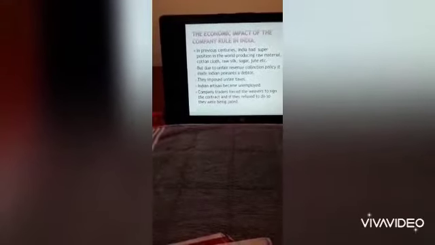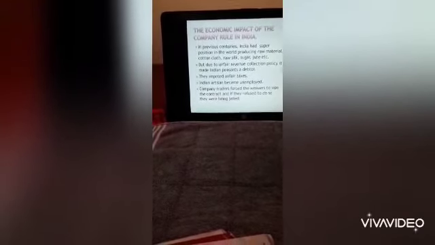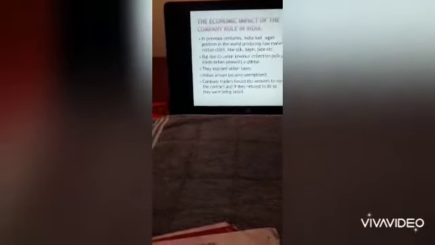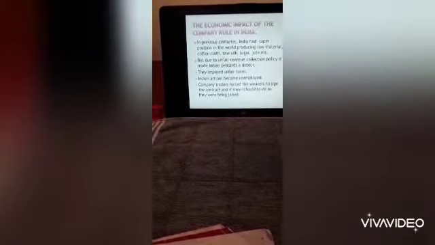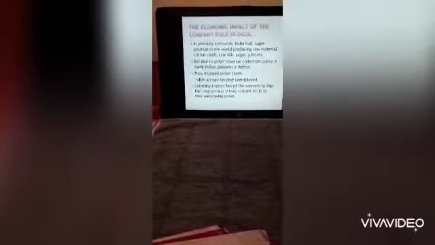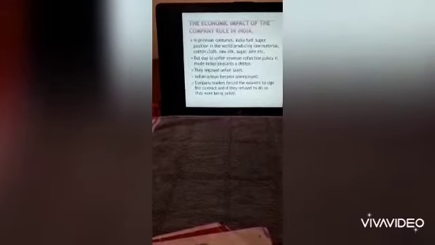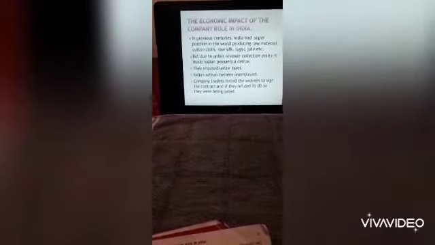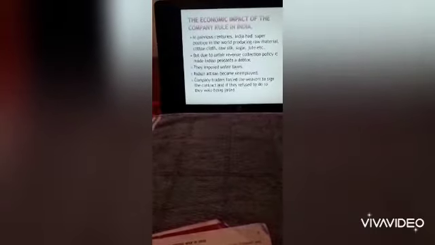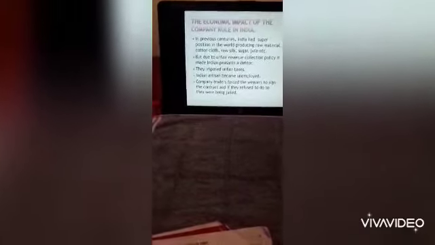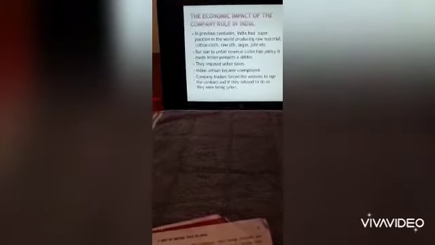The economic impact of the company's rule in India. India had an enviable position in the world in producing raw material, cotton, cloth, raw silk, sugar, jute, etc. But the unfair revenue collection policy of the company made the Indian peasants debtors.